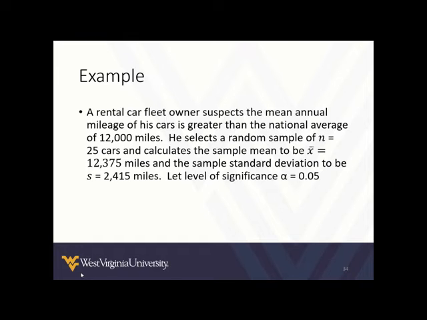So a rental car fleet owner suspects the mean annual mileage of his cars is greater than the national average of 12,000 miles. He selects a random sample of 25 cars and calculates the sample mean to be 12,375 miles and the sample standard deviation to be 2,415 miles. And we'll let our significance level be alpha equals 0.05.